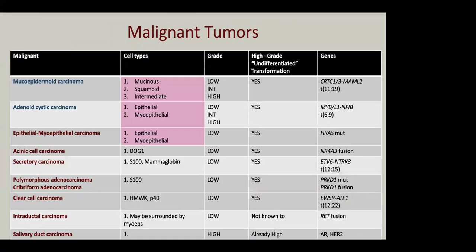Okay, malignancies. So again, how many cell types are present and what are the genetics? Mucoep has mucinous, squamoid, and intermediate cells, CRTC1-MAML2 gene rearrangements, CRTC3 being next most common; adenoid cystic, MYB or MYBL1-NFIB; epithelial-myoepithelial carcinoma, HRAS; acinic cell, NR4A3 fusions; secretory, ETV6-NTRK; polymorphous and cribriform, these are parts of the same family, either PRKD1 mutations or fusions.